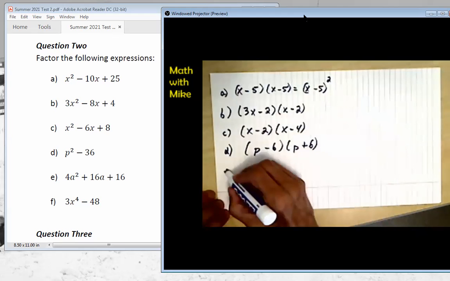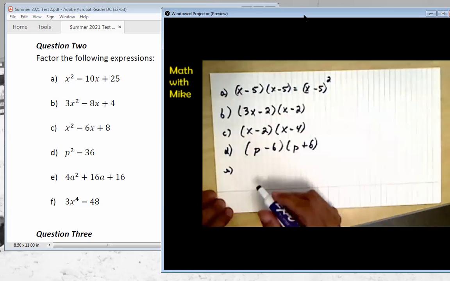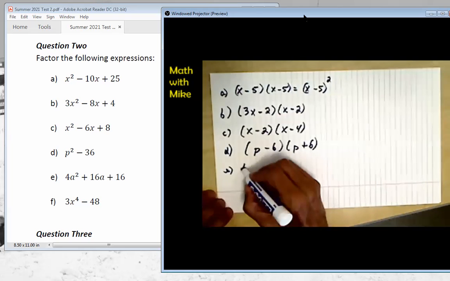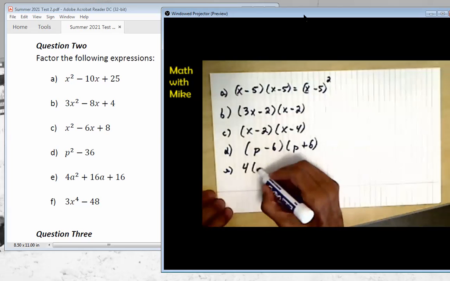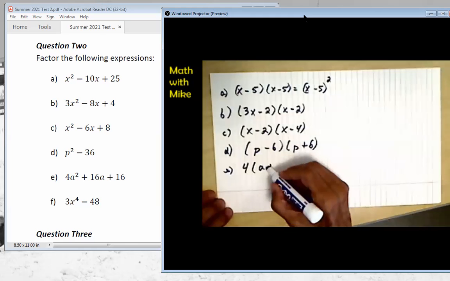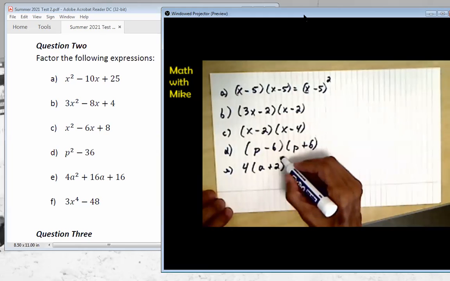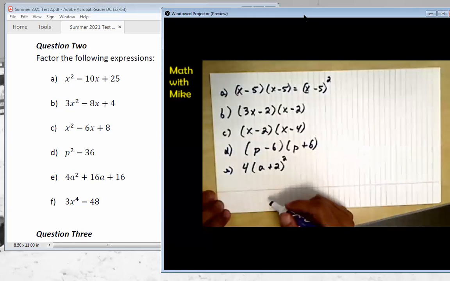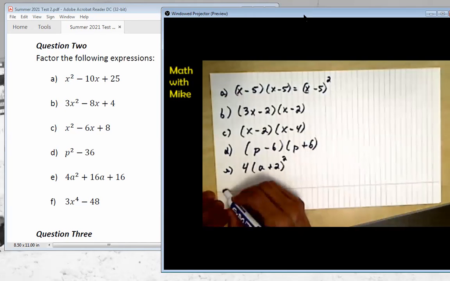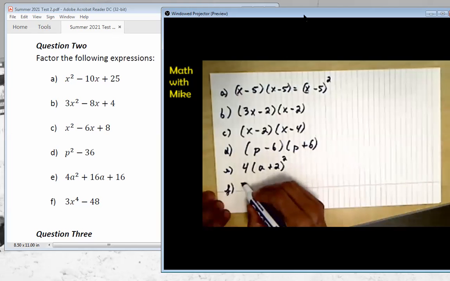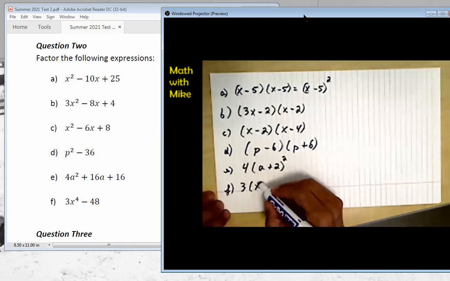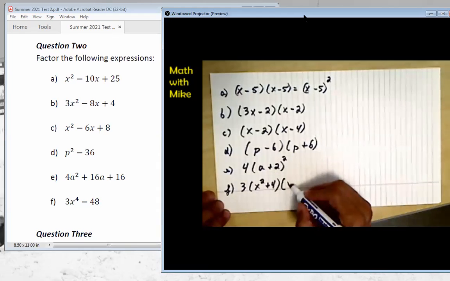And then E, when we work it out, is GCF first, so it's going to be a 4 out in the front, and then a plus 2 all squared, so times by itself. And then F gets pretty busy. This ends up being 3 times x squared plus 4, and then times x minus 2 and then x plus 2.